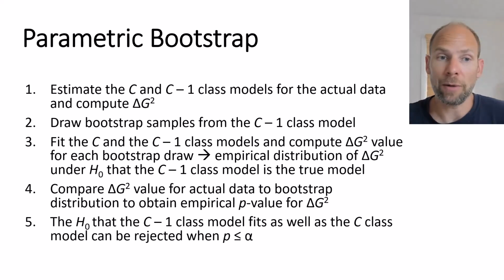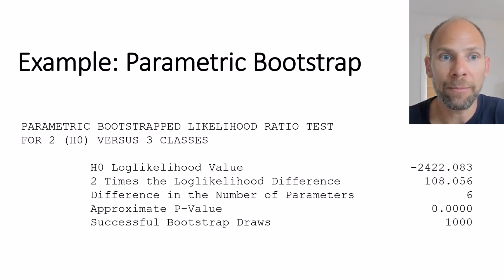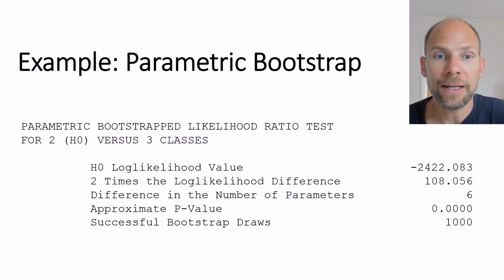That all sounds complicated, but the good news is that you don't have to do this manually. Computer software programs such as Mplus or LATENT Gold do all this behind the scenes for you, and all you need to do is take a look at the p-value in the output. So here's an example from Mplus. In this case, I fit a 2-class model and a 3-class model.